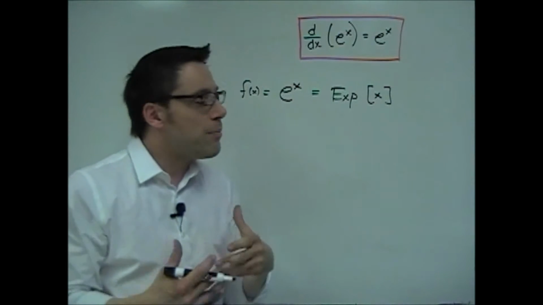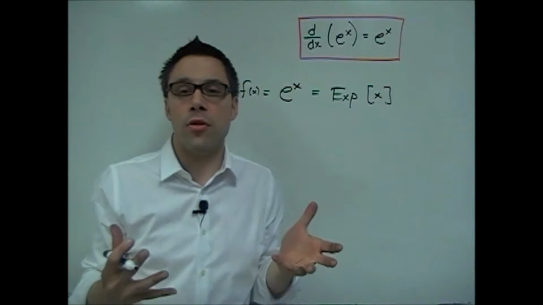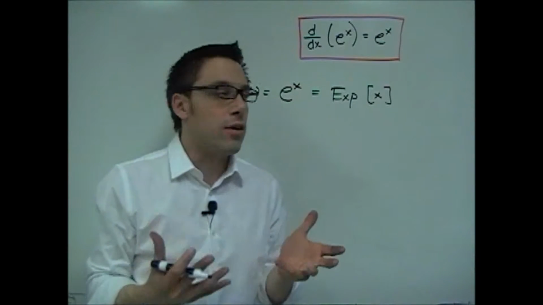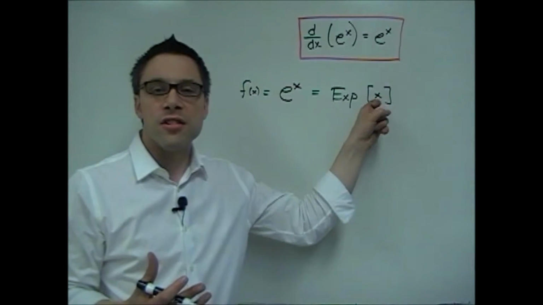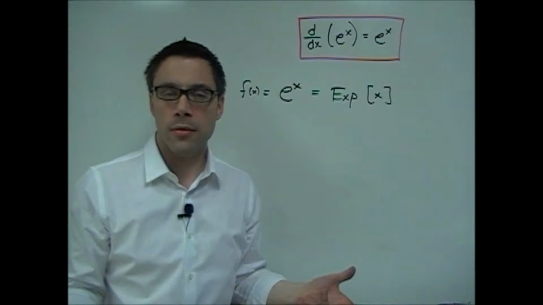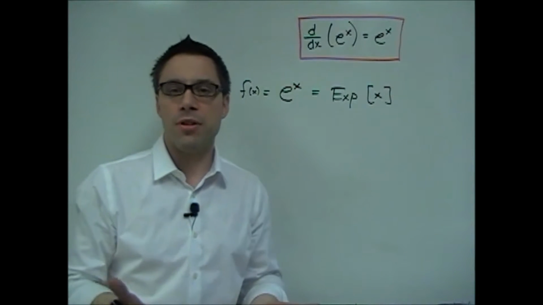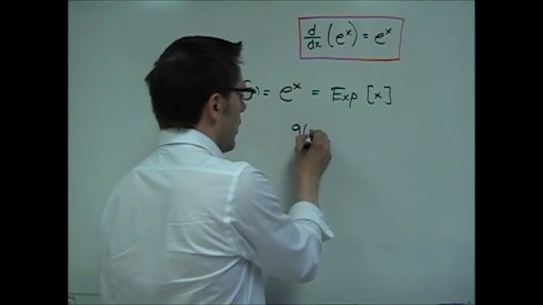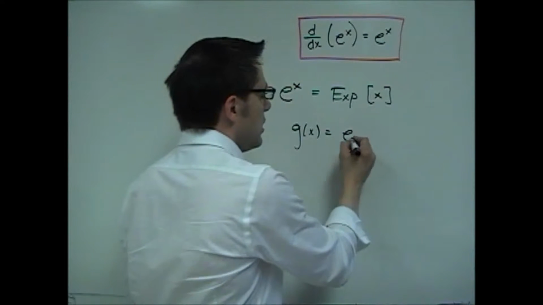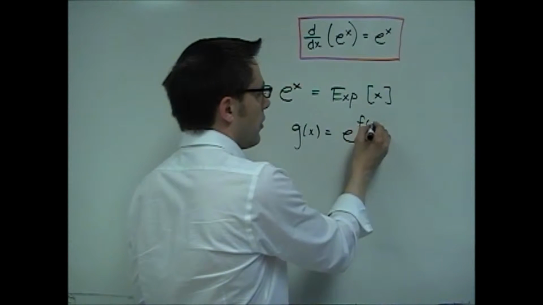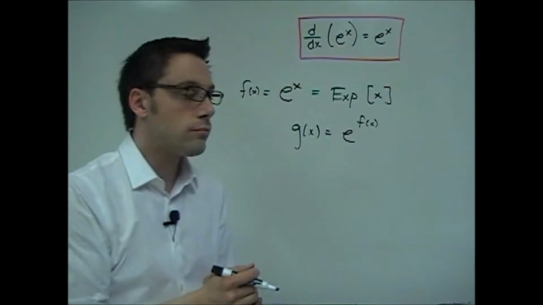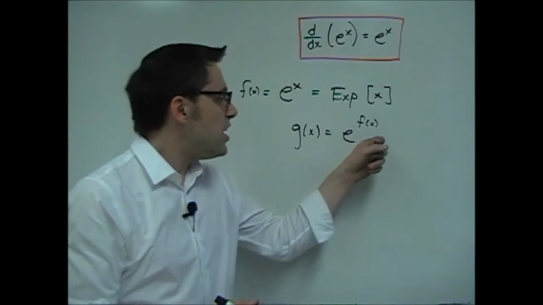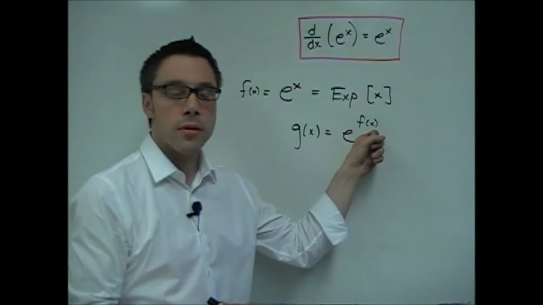So I can extend this a little further by saying, what if I don't have x, but I have a function of x? Think of it as a composition of functions. That is, what if I define g of x as e to the f of x? That is, it's e raised to some function of x.